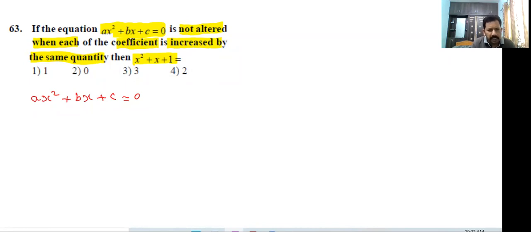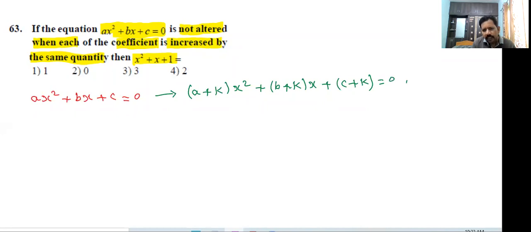Coefficients means what? a, b, c only. Now the transformed equation is a plus k into x square plus b plus k into x plus c plus k is equal to 0. What is k?